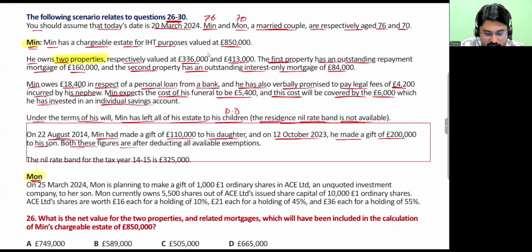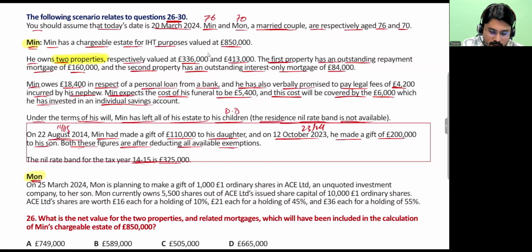Both these figures are after deducting the available exemptions, meaning the annual exemptions of 3,000 and 3,000 and any other available exemption, marriage exemption, small gifts exemption, have already been deducted. Then the nil rate band for the tax year 14-15 is 325,000. August 14 is in 14-15 and October 23 is in 23-24. Here we also get the nil rate band amount for the fiscal year 14-15.